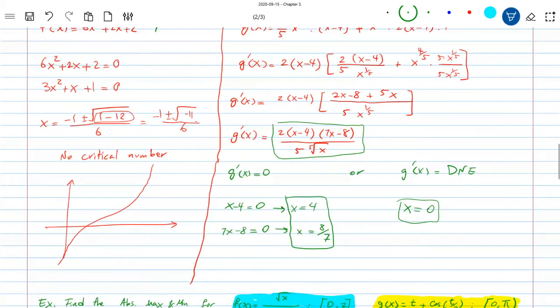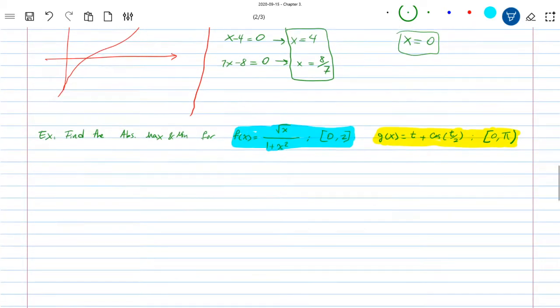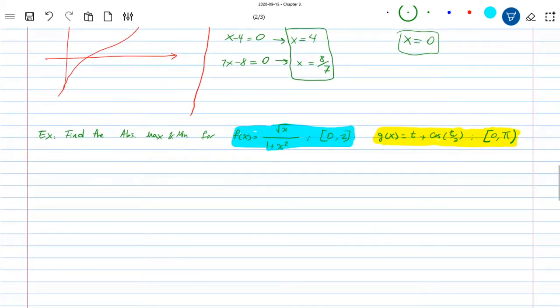To be sure about them, you have to draw the graph, make a precise graph, then figure out whether they are local max or local min. But you can use this idea to discuss absolute max and absolute minimum. Let's say you have a function f and they ask you to find the absolute max and min. There are certain steps you do. First, you find the critical numbers.